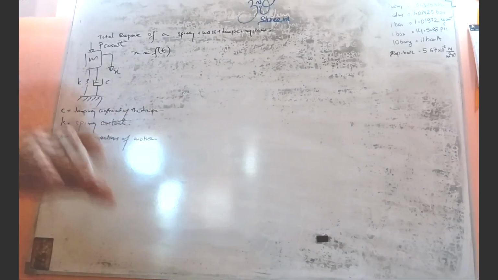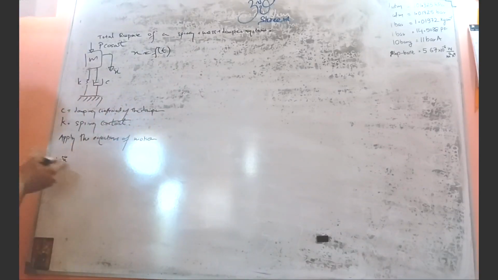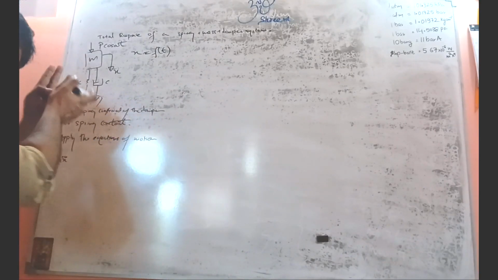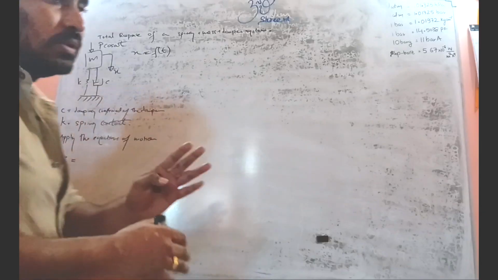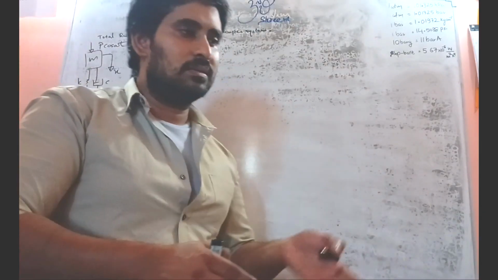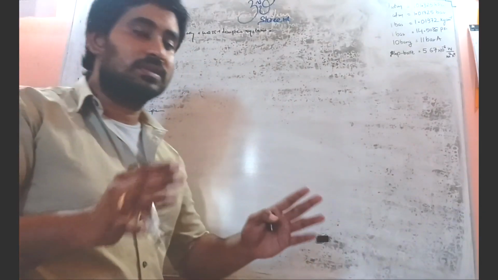So m x double dot, it moves downwards, and we are going to consider the net downward motion and equate the forces acting in that particular direction.